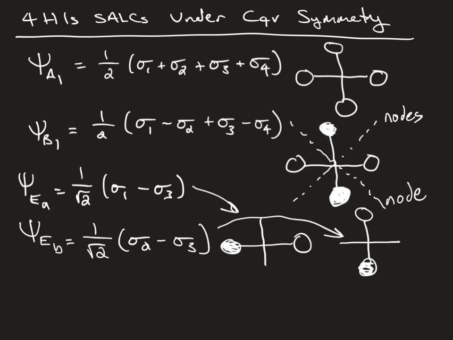So just a note, sometimes you'll see SALCs for these types of point groups, for your E-type SALCs, that instead of looking like these, will be these.